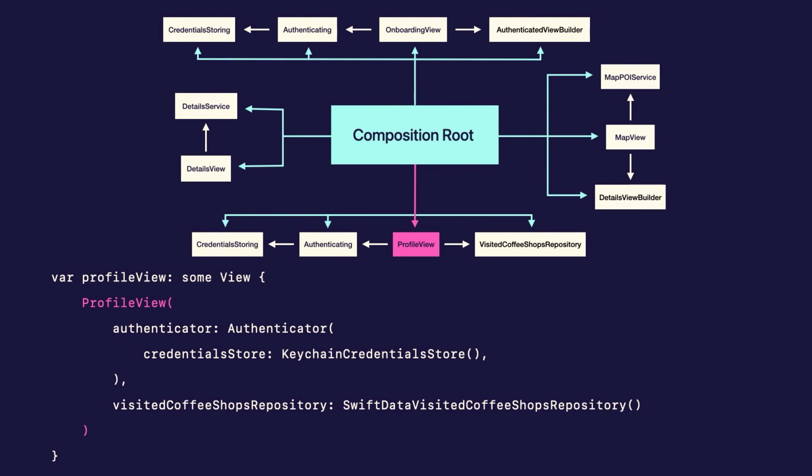And in order to create a profile view, we also need to create the dependencies of that profile view. And that's an authenticator. And to create an authenticator, we also need to create its dependencies. In this case, a credential store. And also our profile view has a dependency on that visited coffee shops repository. So we've created a Swift data visited coffee shops repository here that conforms to our protocol.